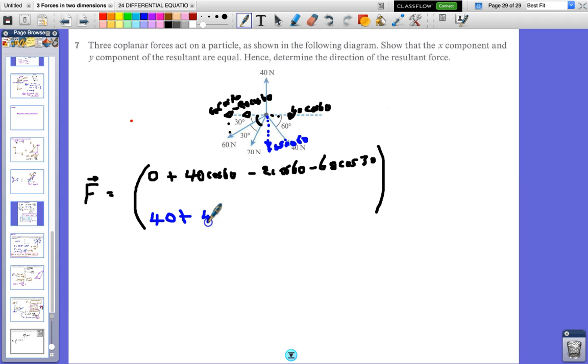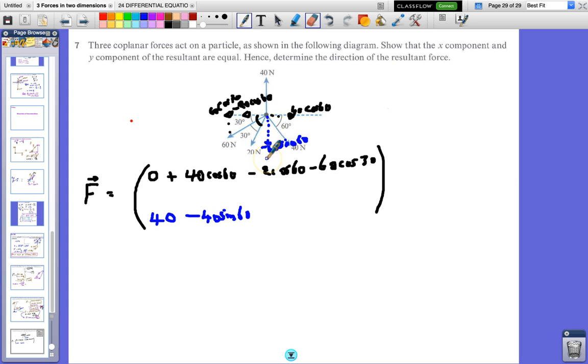So you have 40 sine 60, and this should be negative because it's in the negative y direction.